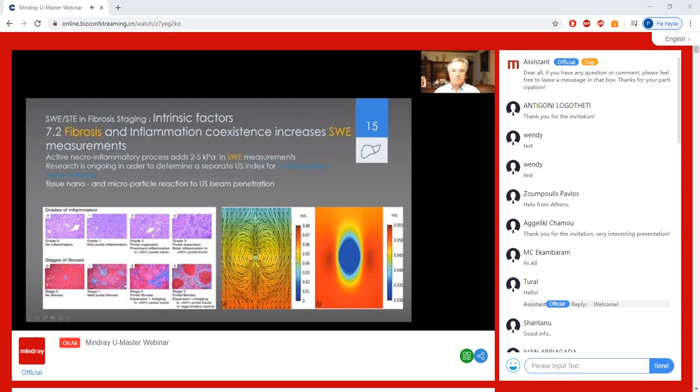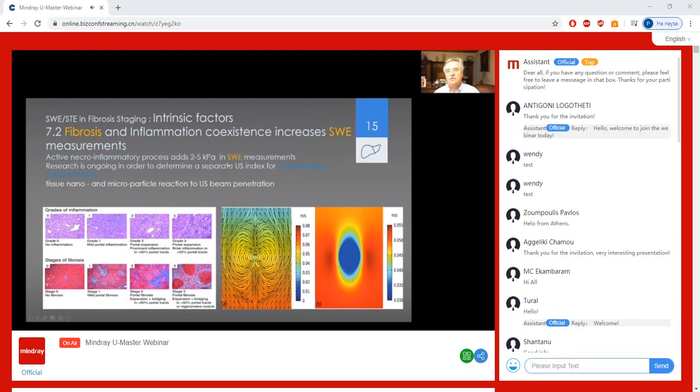Another intrinsic factor influencing shear wave elastography measurement is inflammation. Active necroinflammatory process adds 2 to 5 kilopascal in all shear wave elastography measurements. Research is currently ongoing in order to determine a separate ultrasound index for inflammation.